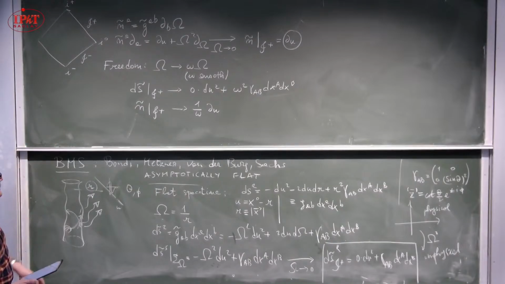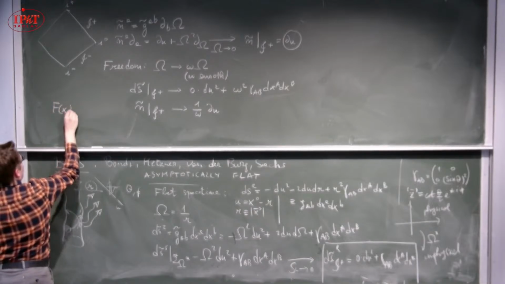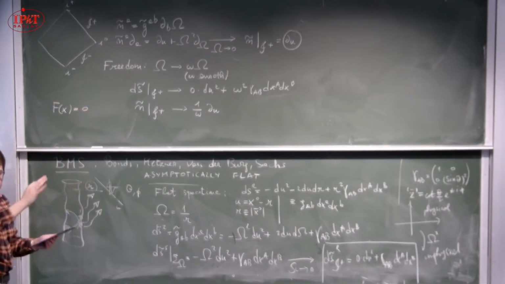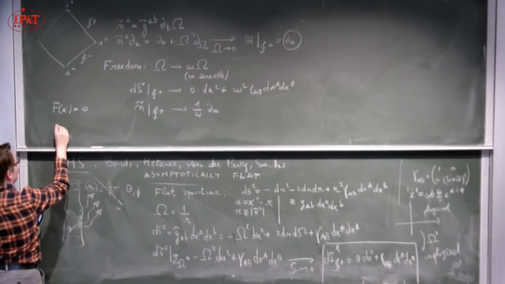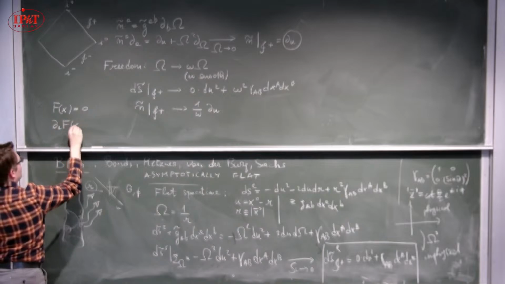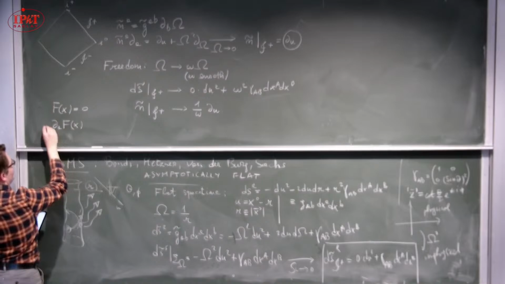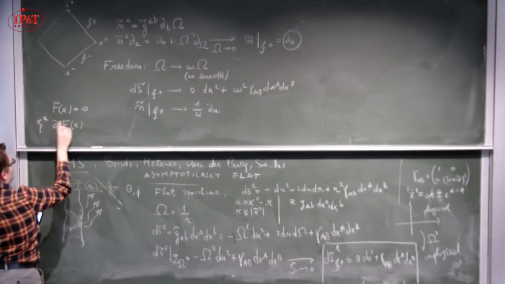Yes, n tilde is the unit normal to the surface, right? For instance, in general, if you have a surface defined by f of x equal to 0, some constraint in your space, then the gradient you can just define in this way. And the reason is that if you take a variation of this relation, you will find something like this, right?